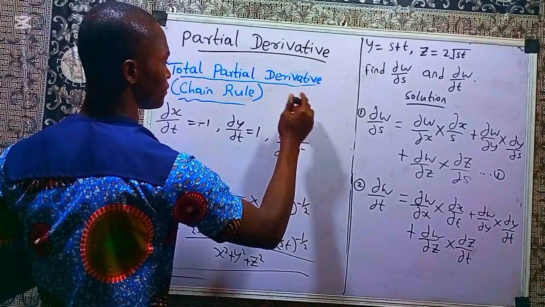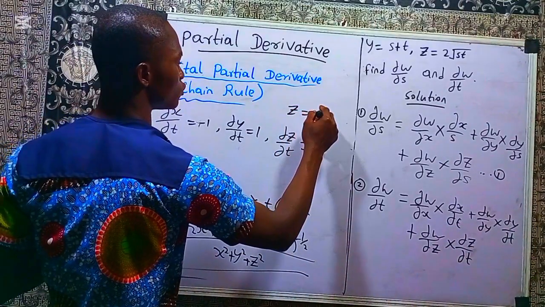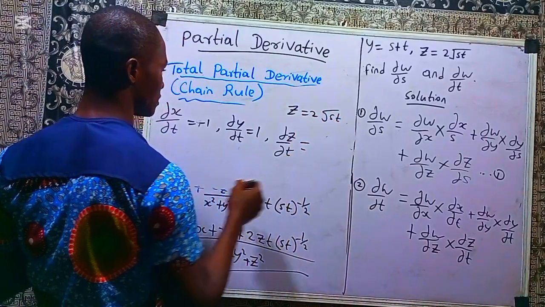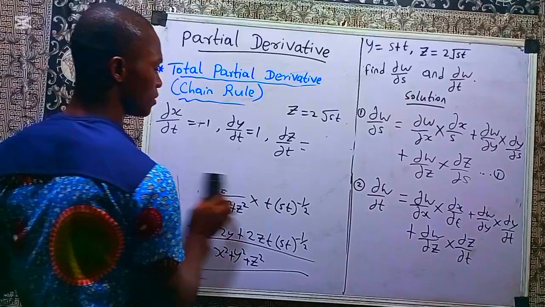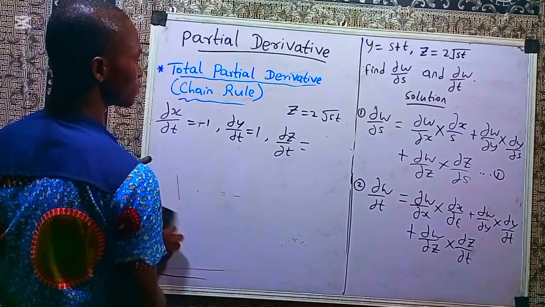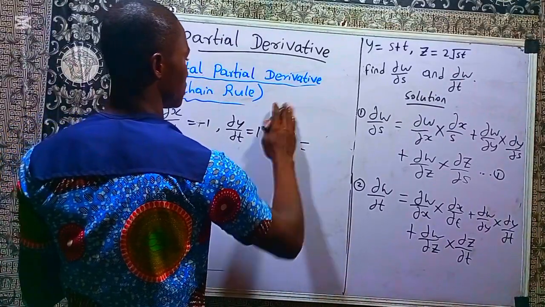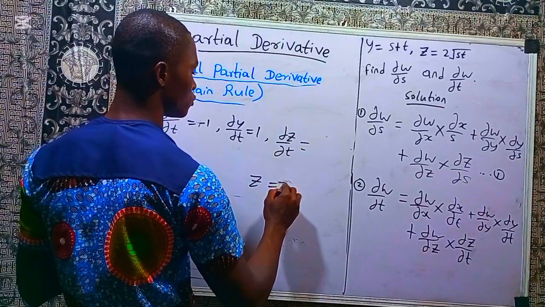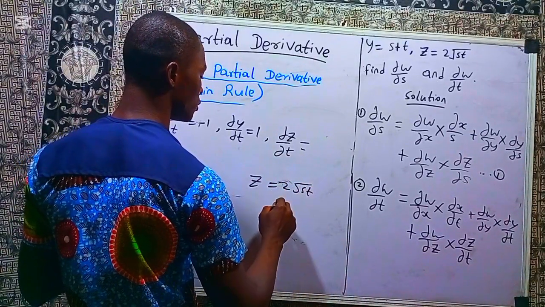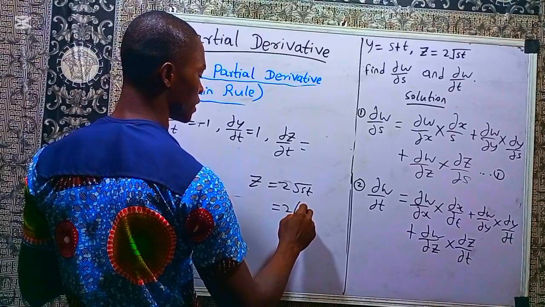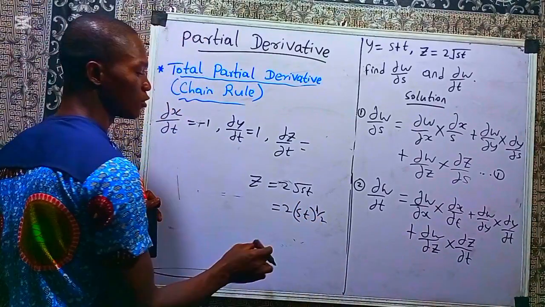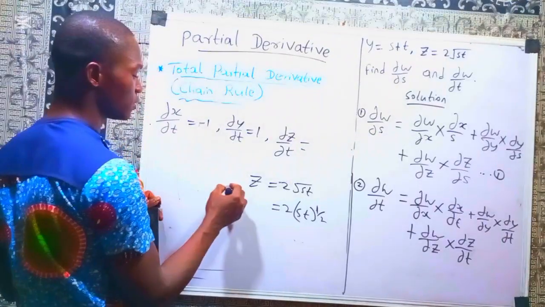Partial z partial t will be what? Remember your z is 2 square root of st, which we wrote as 2 open bracket st raised to power half, right? Now I want to differentiate this with respect to t.